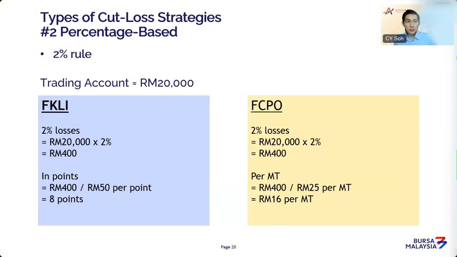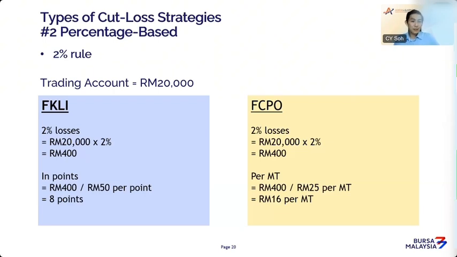But one thing you need to take note of is that as your trading account gets smaller, let's say from 20,000 you make losses to become 18,000, 16,000, your percentage value in dollars keeps going smaller and smaller. Likewise, when you keep making money, your trading account grows, and your percentage in terms of dollars keeps growing as well. So for a small account, this percentage-based cut loss is not recommended, because it makes very little sense, and your cut loss range would be very tight.